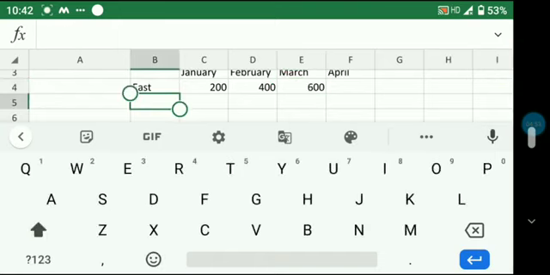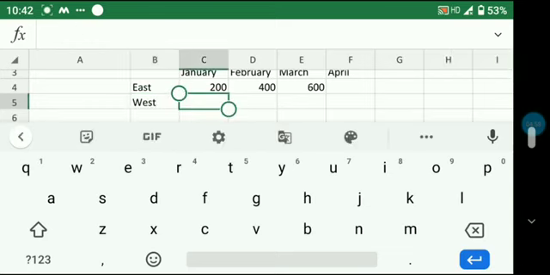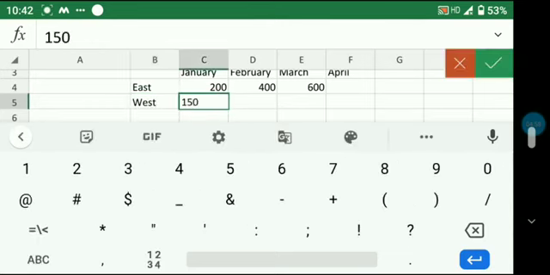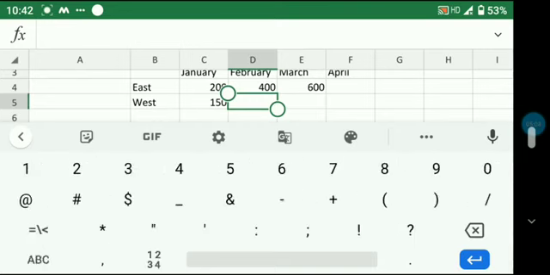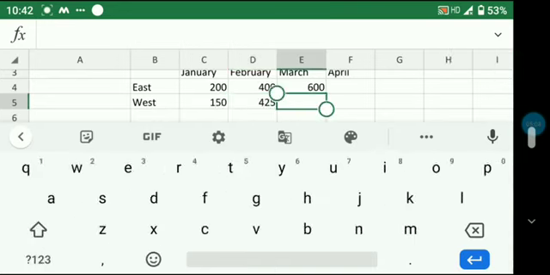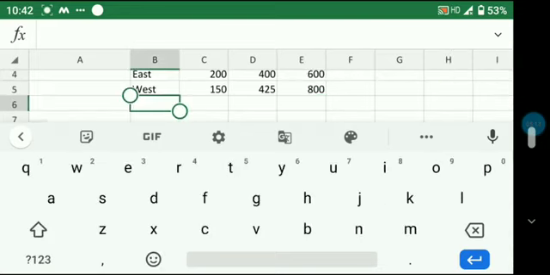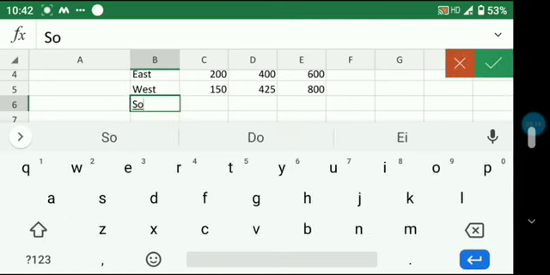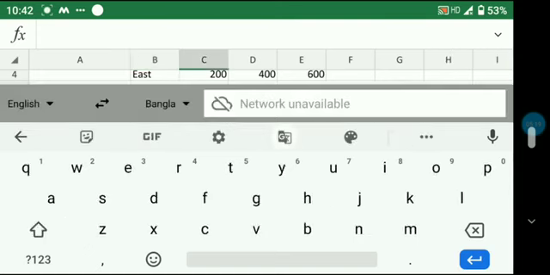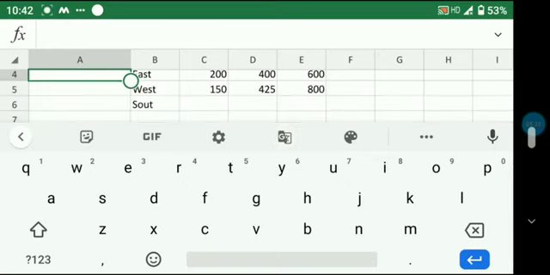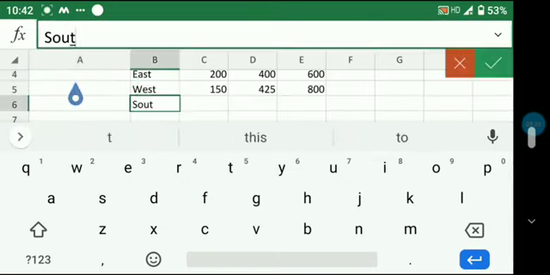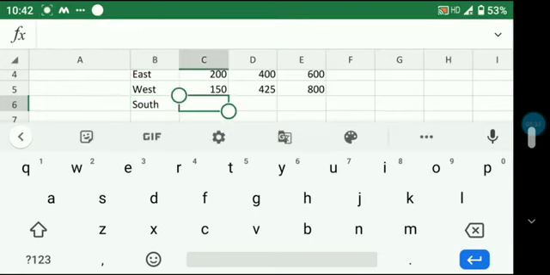Now we are going forward to the West part. 150 is the value. Next, 425 is the value. Next, 800 is the value. Then South: the value is 322.